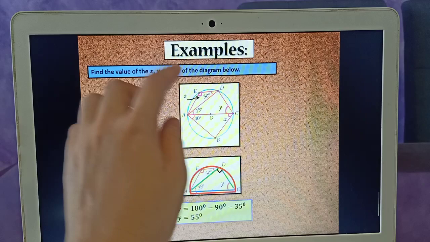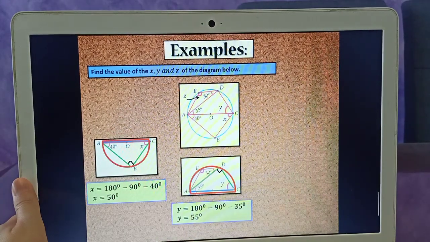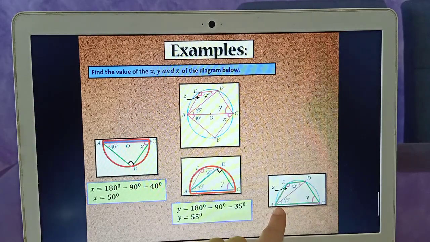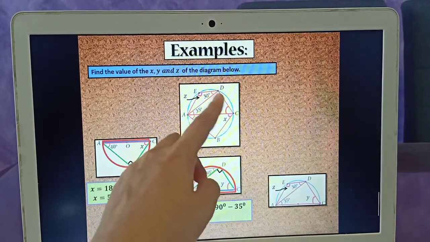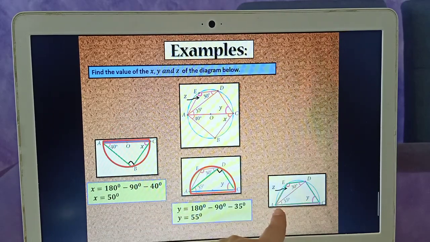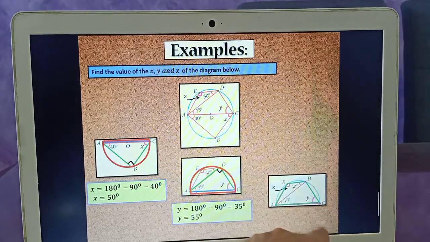How about z here? To get z, you will need to look at this cyclic quadrilateral. I repeat, I cut it because z is on the upper part, so I cut it like this, and then I can see that this is actually a cyclic quadrilateral because all of the vertices lie on the circumference.